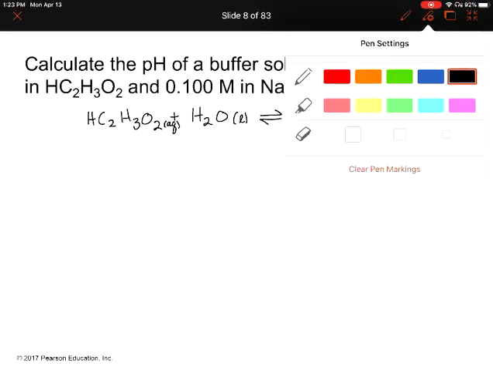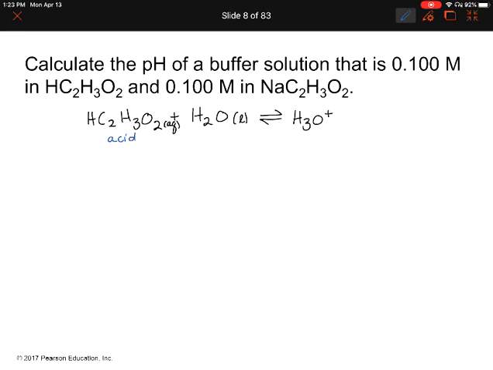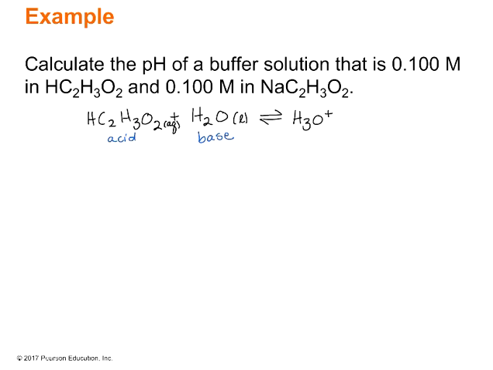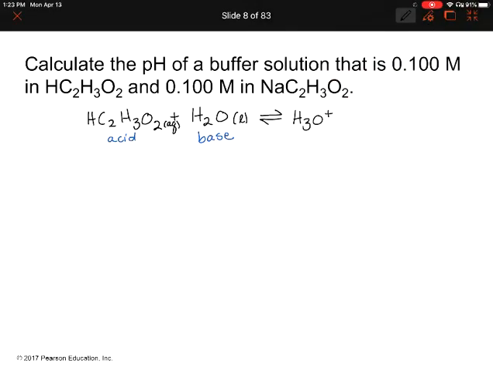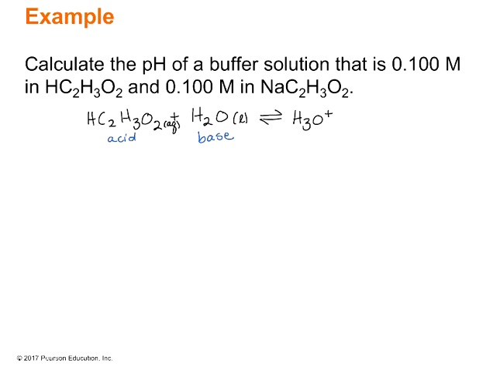So in this reaction, water is acting as a base, so it's going to grab onto a hydrogen ion and form the hydronium ion. And then our other product is the acetate ion. All right, so now we're going to use this as our guide for determining the changes in concentration, and this will help us set up our ice table.